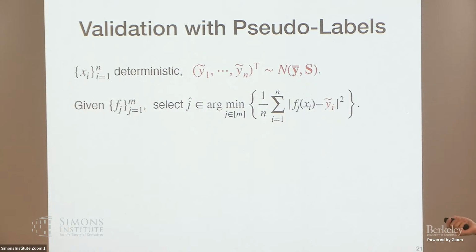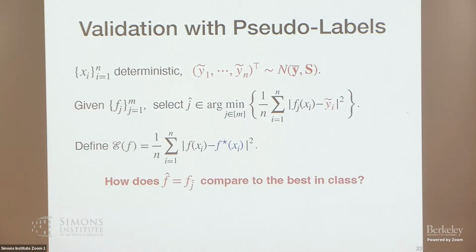I have candidate models. I'm going to just minimize my empirical risk with respect to the pseudo labels, right? The question is, how well does it work? My ultimate goal is to approximate a true function f star. So my performance metric here is the mean squared error toward the f star, not the pseudo labels, right?